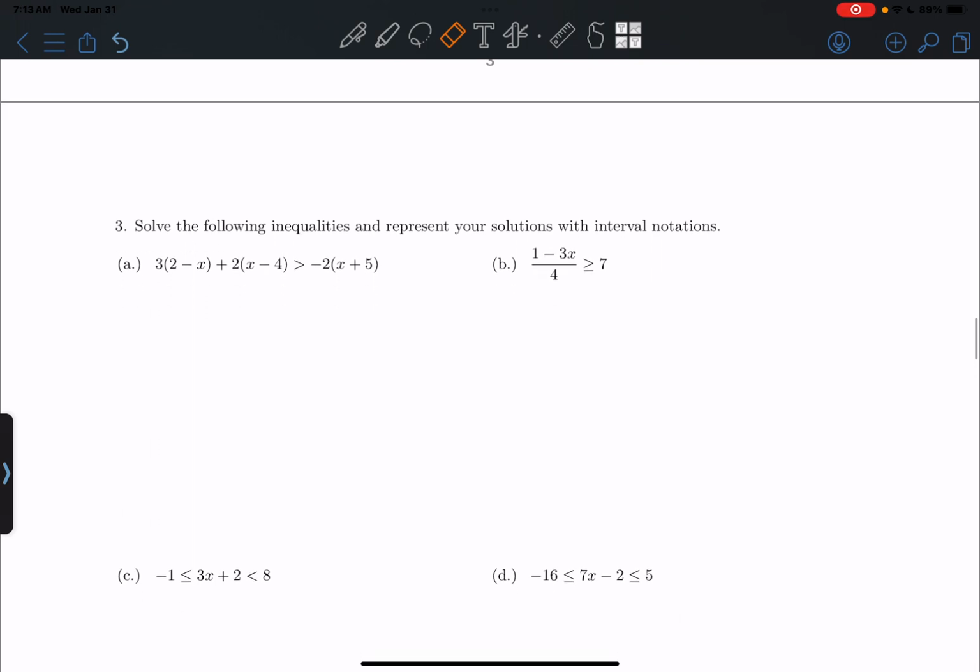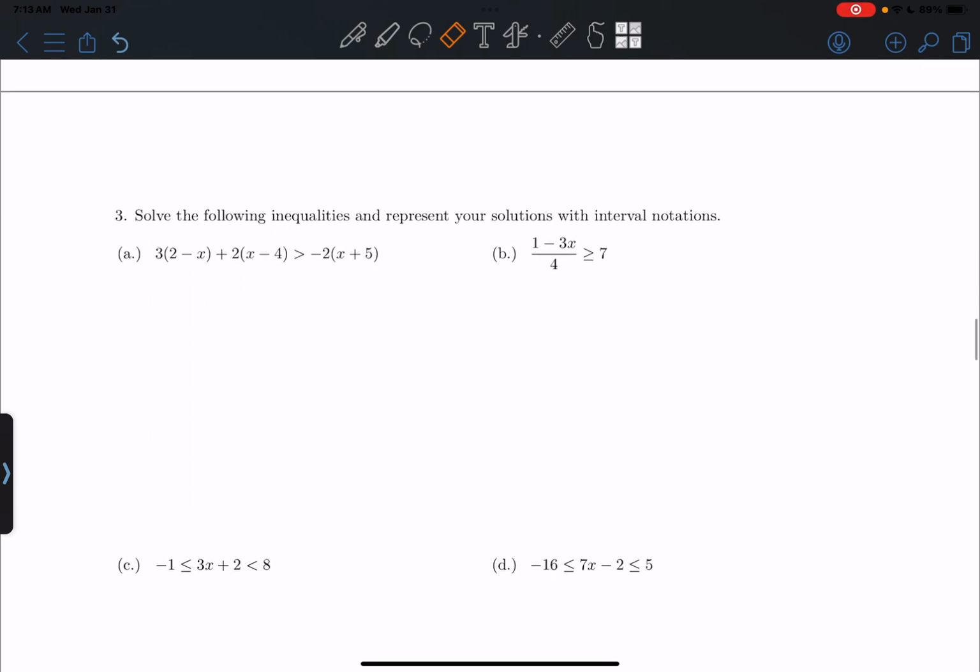Moving on then to inequalities. Okay, again for 3a, we're gonna distribute. Okay, combine like terms.